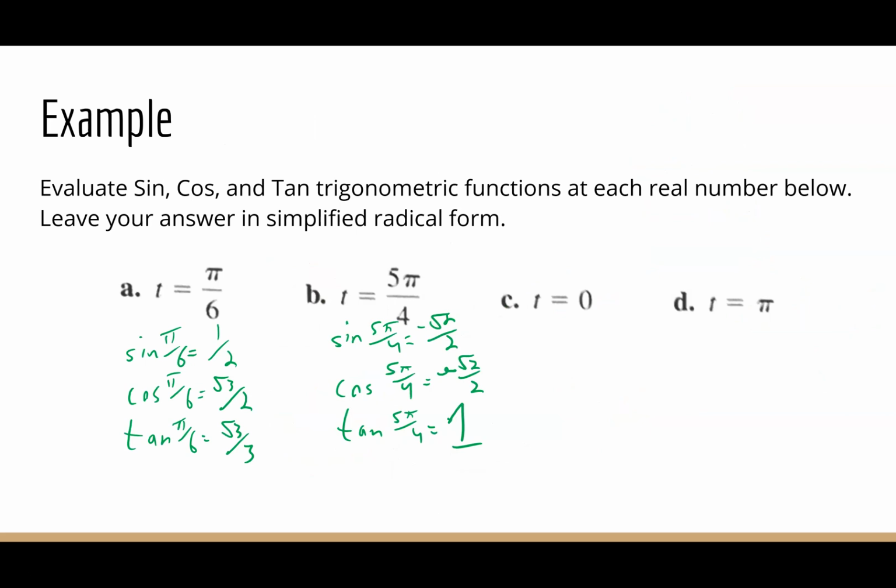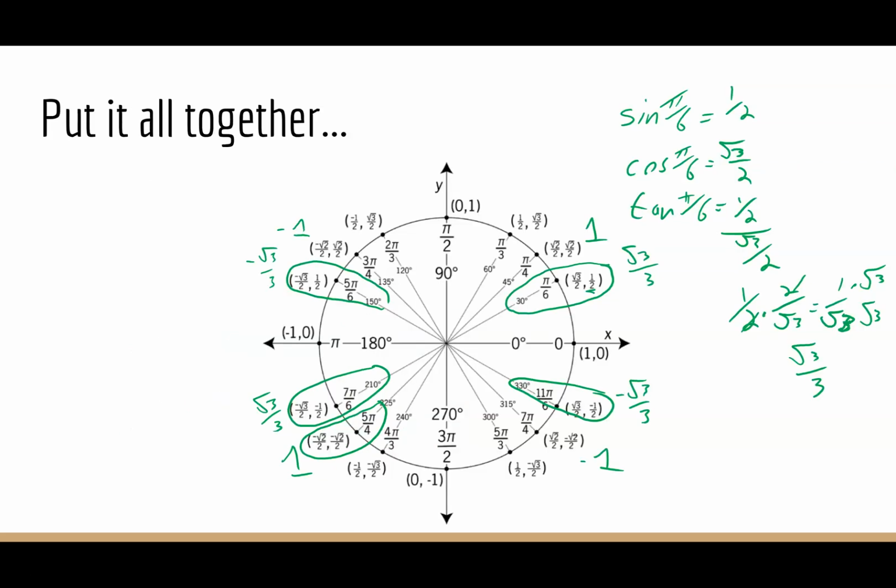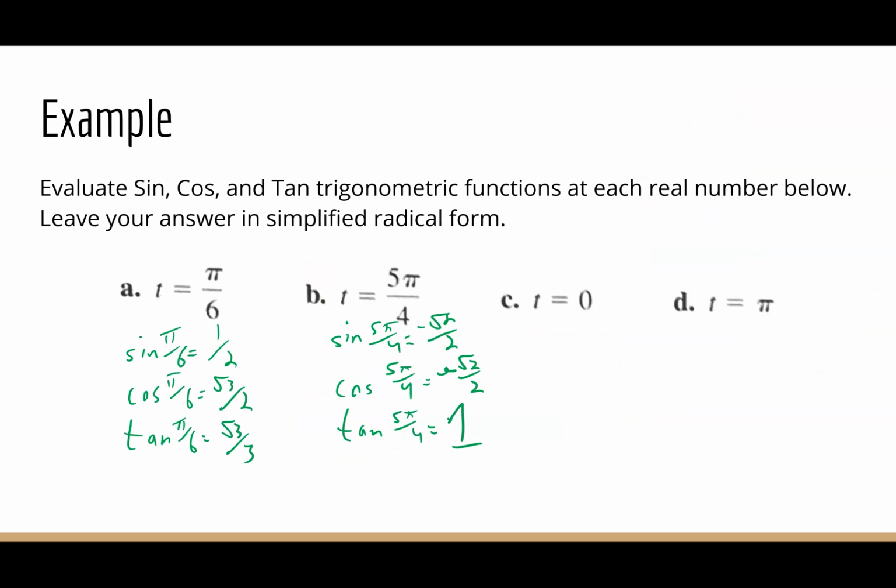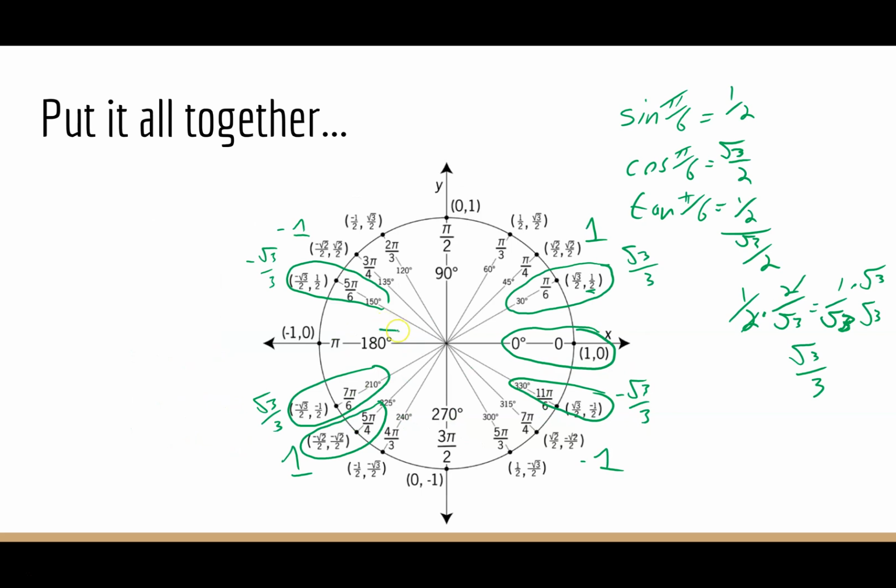At t equals 0, so at 0 degrees, we are here. So 1 and 0 are x and y. So sine 0 is 0, cosine 0 is 1, tangent 0 is 0 over 1. And lastly, t equals pi. So over here at pi, which by the way, I'm going to write the tangent as 0. So over there, negative 1, 0, same thing, just negatives.